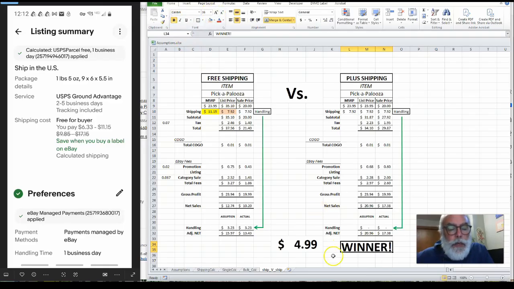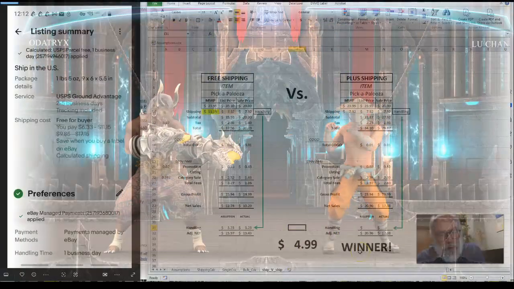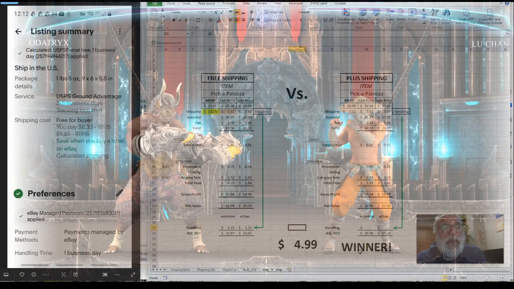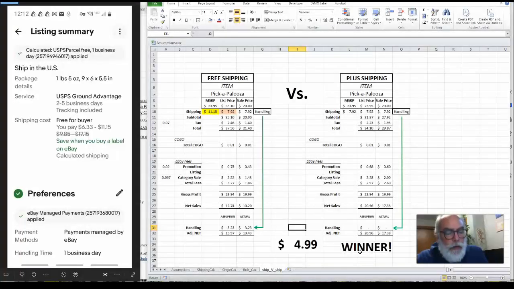I mean, we have a winner, purely based on the numbers, right? Just the numbers alone. Now, this does not take into account at all the additional work required to do it this way. That is what I don't know. I know yesterday when I listed some things, I was trying to figure out whether or not I should list them plus shipping versus free shipping.